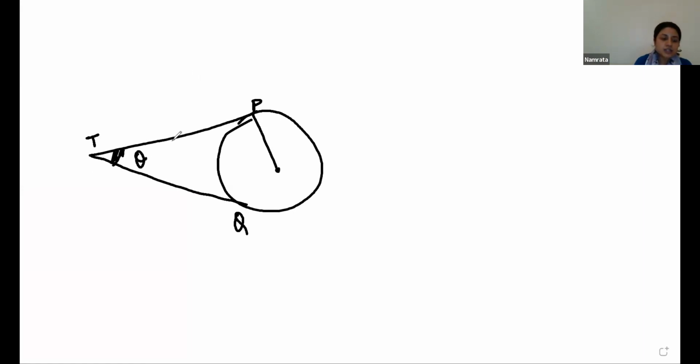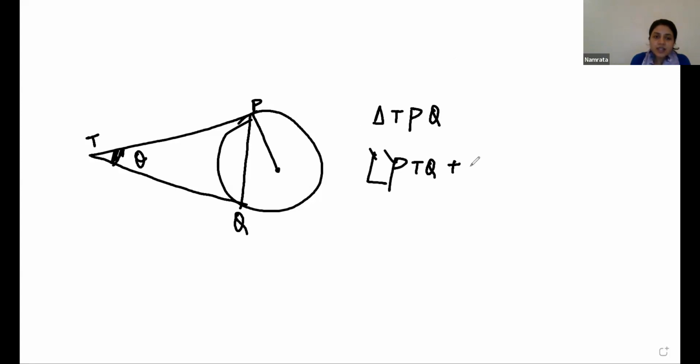If this is taken as theta, and we are saying that in triangle TPQ, angle PTQ plus angle TQP plus angle QPT is 180 degrees by the angle sum property. Now here two angles are already the same and one of the angles is theta.